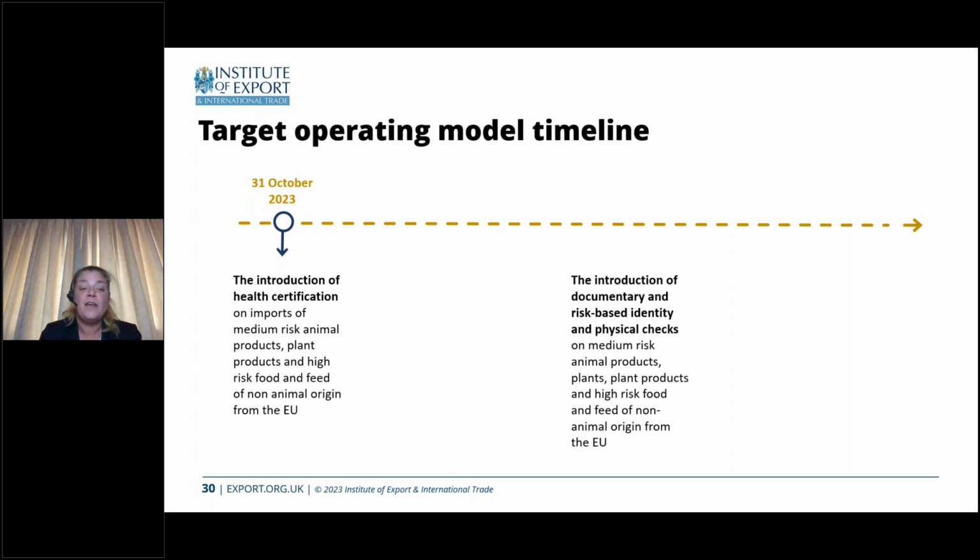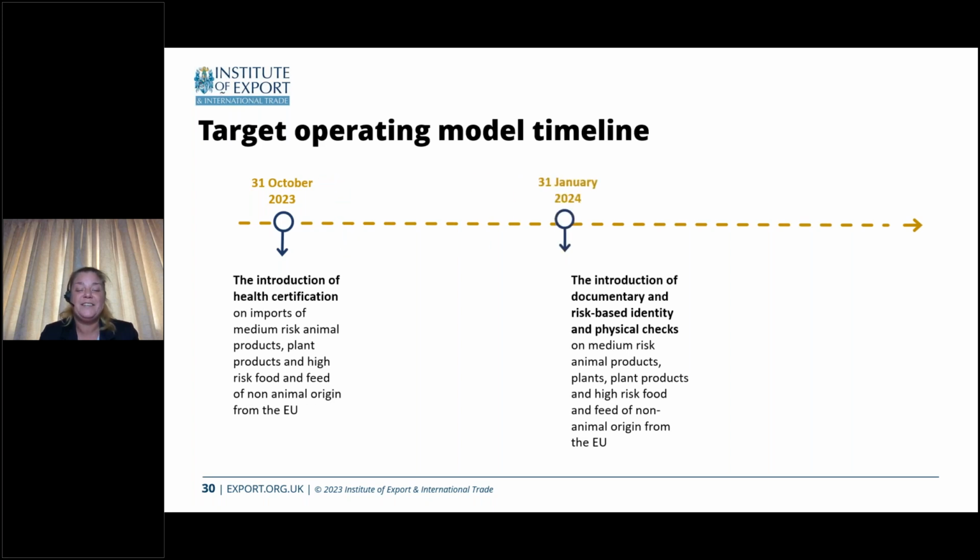As you may be aware, the EU currently do inspections on their side of the border, but we have not implemented these currently. These were delayed. These will be coming into effect on the 31st of October and may have an impact on your lead time of moving the goods from their supplier to their destination.